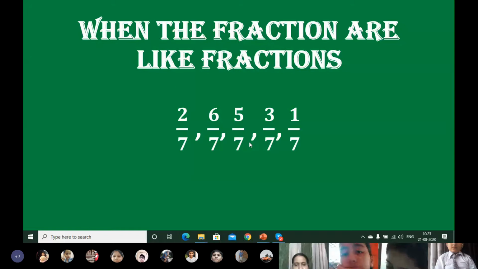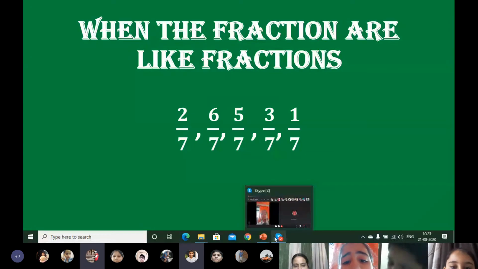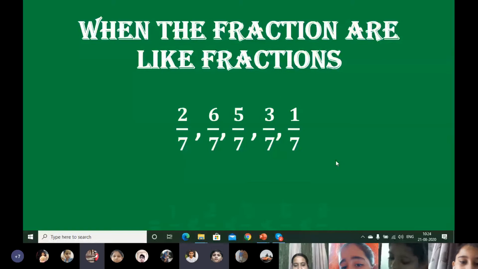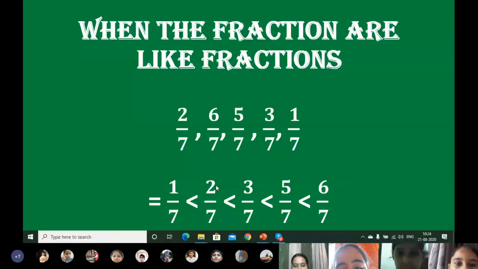Which will be the smallest number? 1 by 7. So 1 by 7 is less than 2 by 7, is less than 3 by 7, is less than 5 by 7 and is less than 6 by 7.